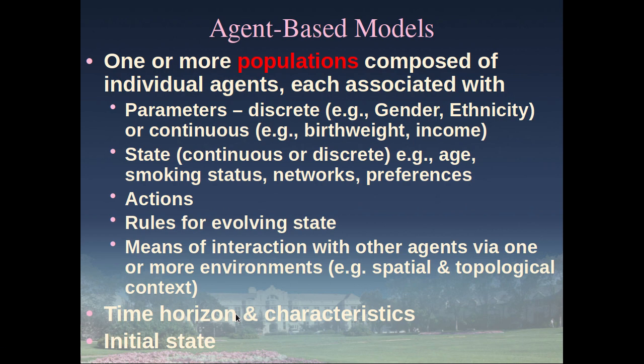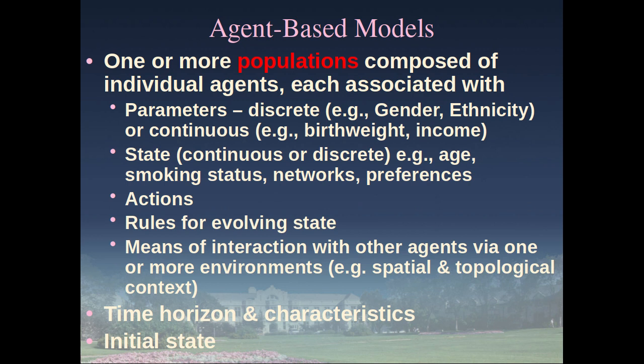Agent-based modeling, by contrast, is defined with one or more populations composed of individual agents. Those individual agents are associated with parameters that specify assumptions about them, either continuous or discrete, a certain state, the current situation of that agent.